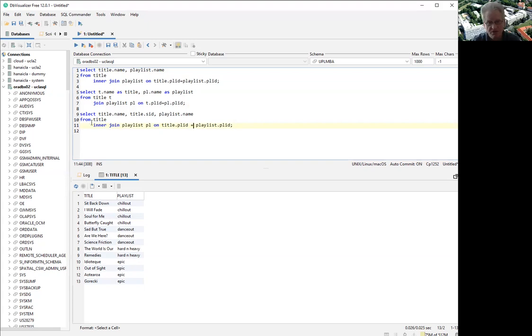So the general structure is name of table, inner join, name of second table. So you haven't used abbreviations here. So name of second table and then on. Let's execute it here. It also works.